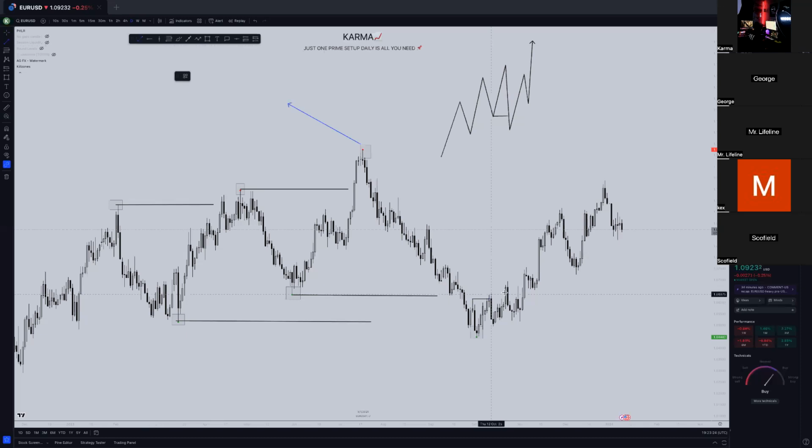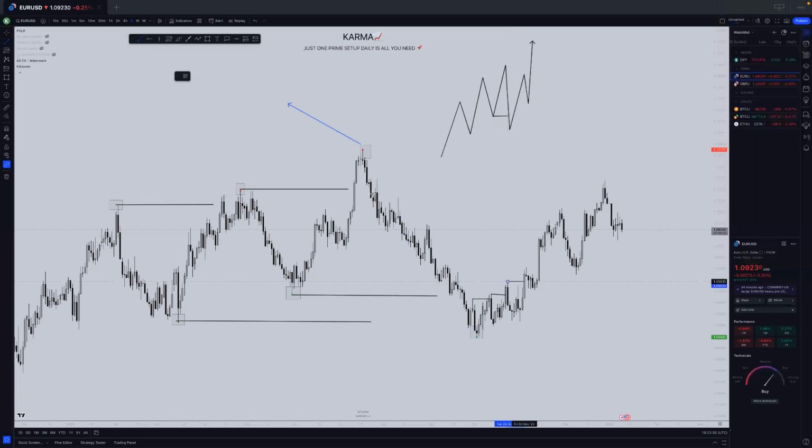Let's be following it too. Another break of structure here. Another break of structure here. You guys should follow me. Another break of structure where? Here.